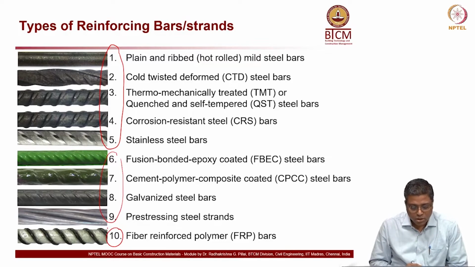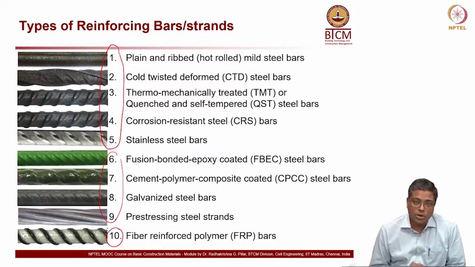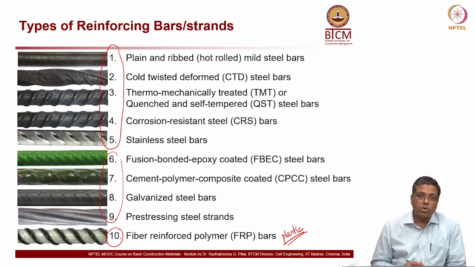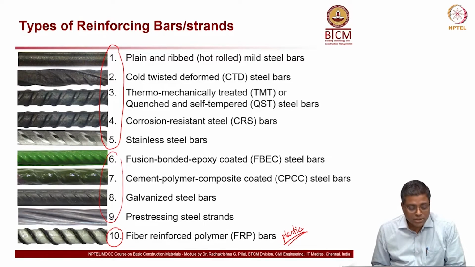I just wanted to mention that fiber or plastic rebars are also available, very lightweight, but they are yet to capture the market because they are relatively new, and steel is well time tested and proven. We know it is going to work. So in this module we will only focus on metals, not fiber reinforced polymer rebars, but we will cover items 1 to 9 on this slide.